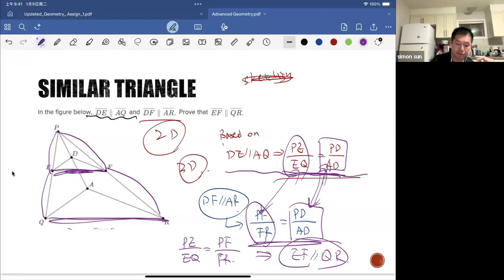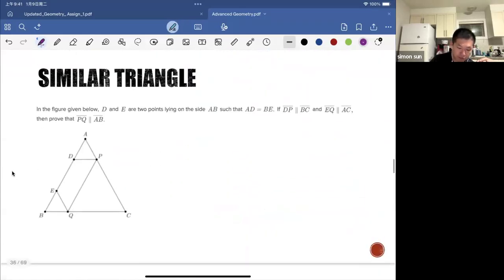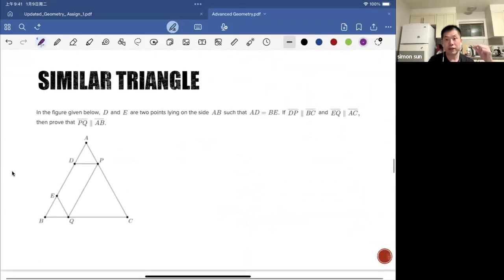Okay. Now, for this one, just take a look at this one. If you have a paper, you can just write on your papers. You don't need to fill in the blank for this one because we need to prove something.